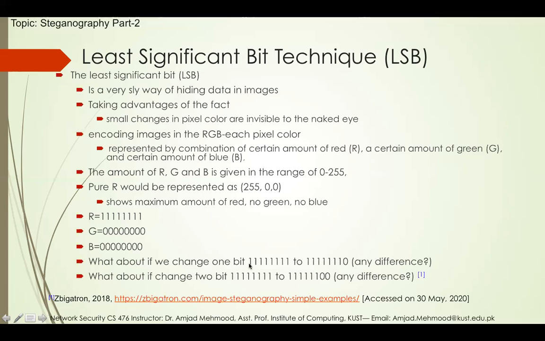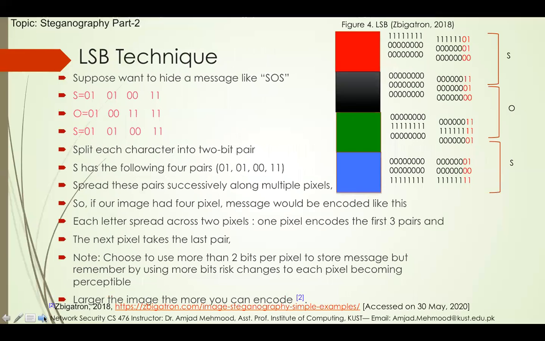For example, if I change 1111 to 1110, is there any difference? This cannot be visible to the naked eye. And what if we change 2 bits? Again, this will not be visible to the naked eye. So you can adjust your information inside those digital images, and the intruder will not be able to get the meaning of that.